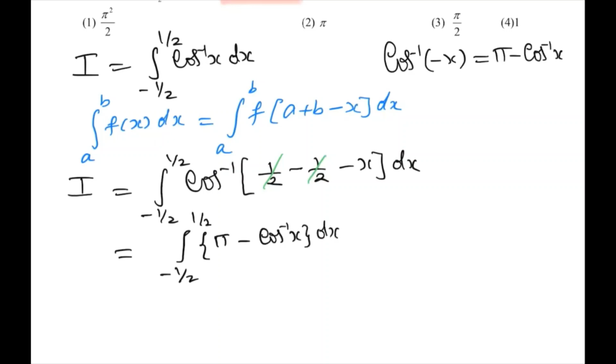You can split this into integral minus 1 by 2 to 1 by 2 pi dx. Pi can be taken outside.